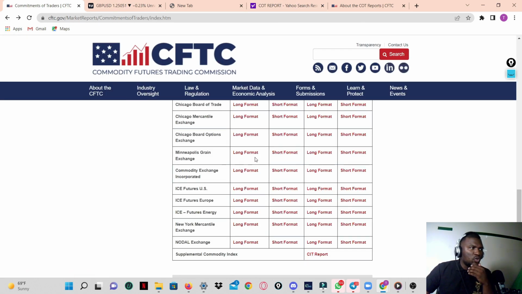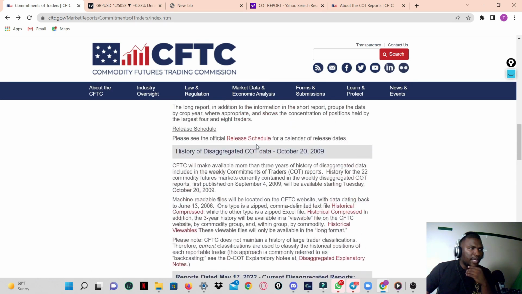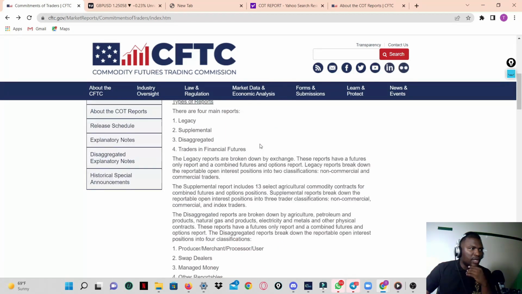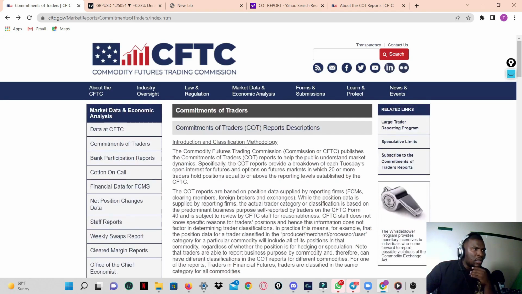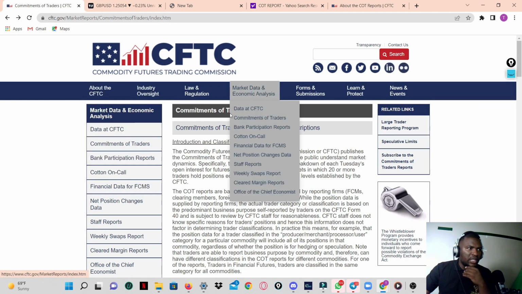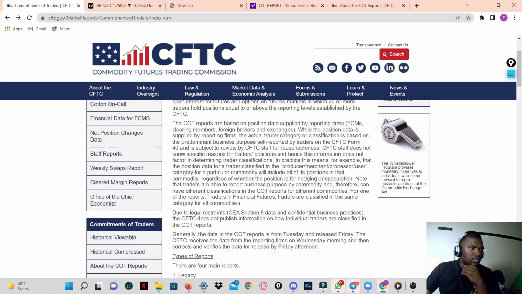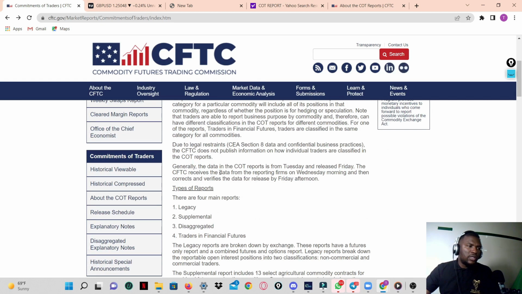I'm just going to be showing you that guys, you can see the very same page right there. I wanted to just show you what you see when you search the Commodity Futures Trading Commission. So these are the types of reports: the supplemental, the legacy report, and the disaggregated report, traders in financial futures.